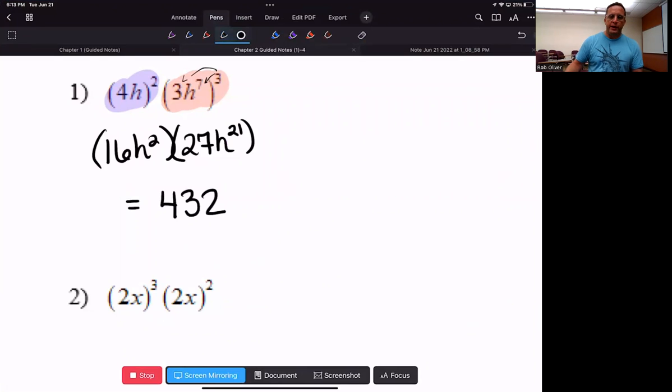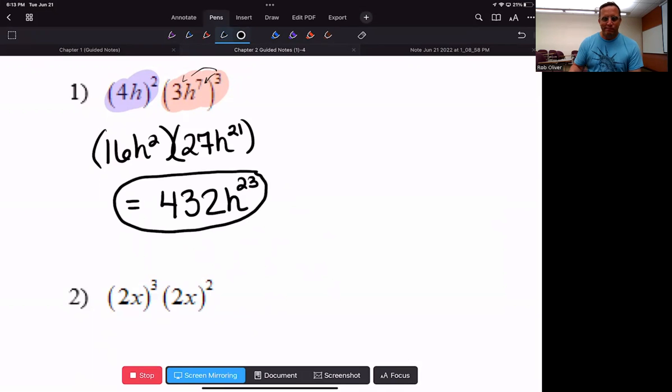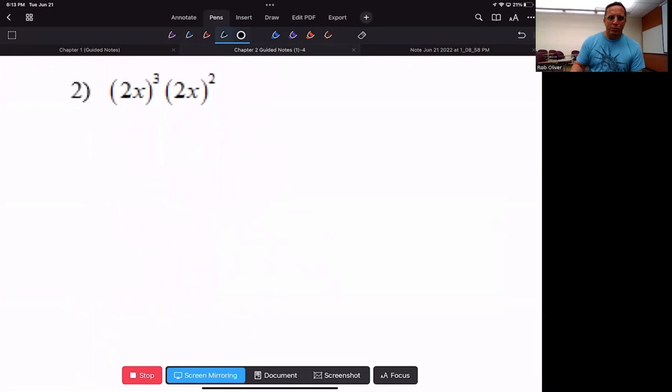The coefficients multiplied out to be that. And then we're going to treat the exponents not like multiplication, but we're going to use the product rule, which means we're going to add the 2 and the 21, which makes 23. That's it.